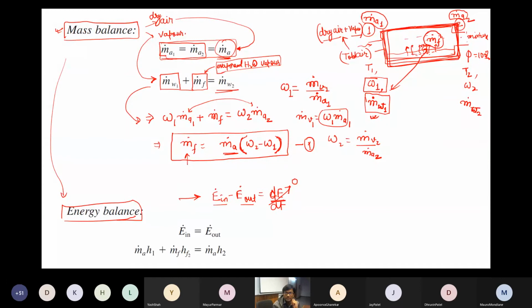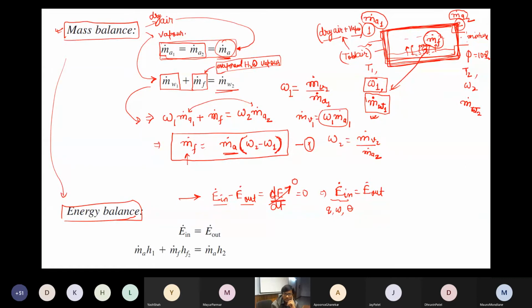Once continuous flow is happening and things have reached steady state, the energy change inside the control volume will be 0, and that is why you can write E dot in is equal to E dot out. So what is the energy that is coming in? Energy coming in will be in the form of heat transfer, work transfer, and flow work.